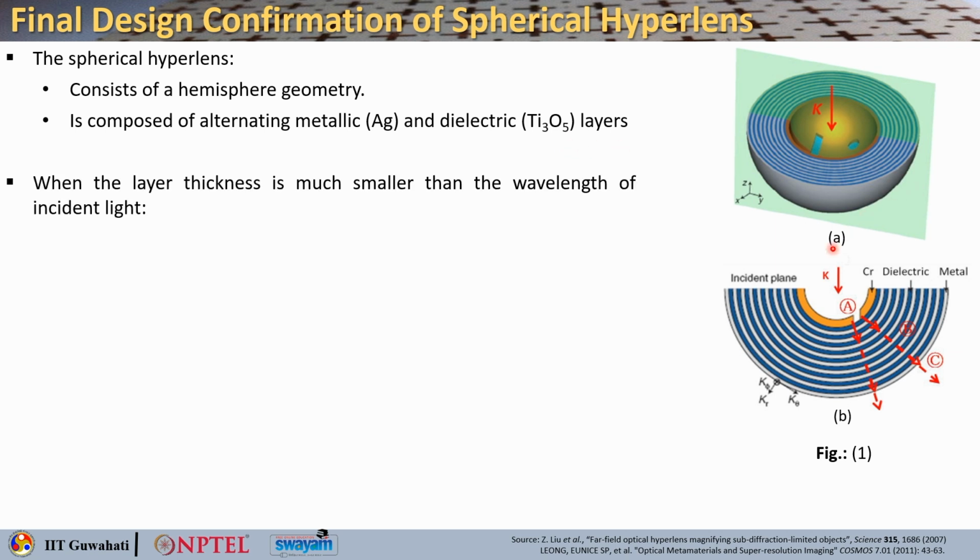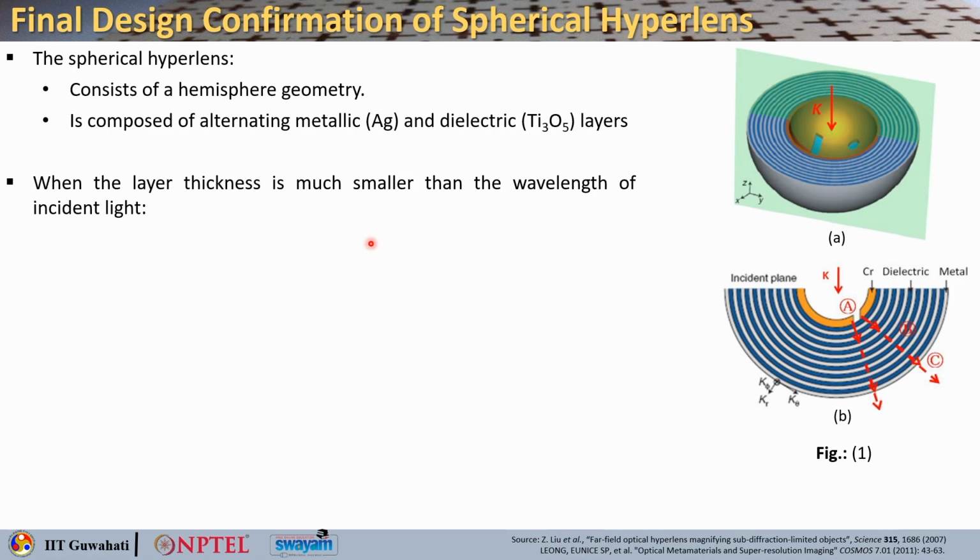Now, this is the schematic that shows the final design of this hemispherical hyperlens, which has subdiffraction features on the top layer, and then you have TM light excitation from the top.